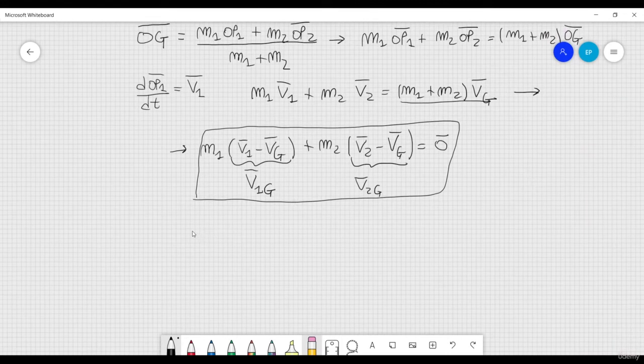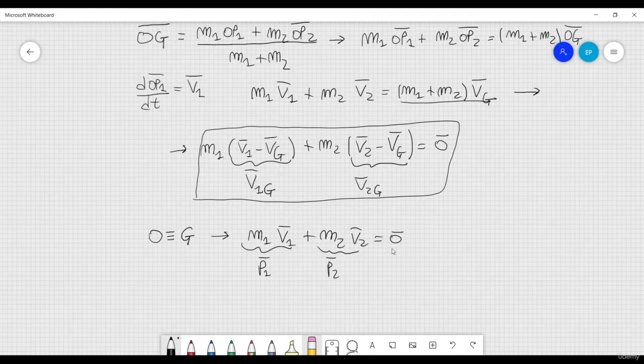I will assume that my point O is coincident with the point G, the center of mass. From here I have m1 v1 plus m2 v2 equal to 0. And this is just p1, whereas this is just p2. So from here I simply get that p1 is equal to minus p2.